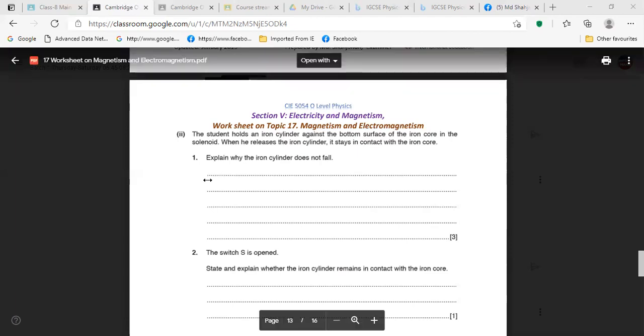So you write here, first point, the iron cylinder gets magnetized, right?